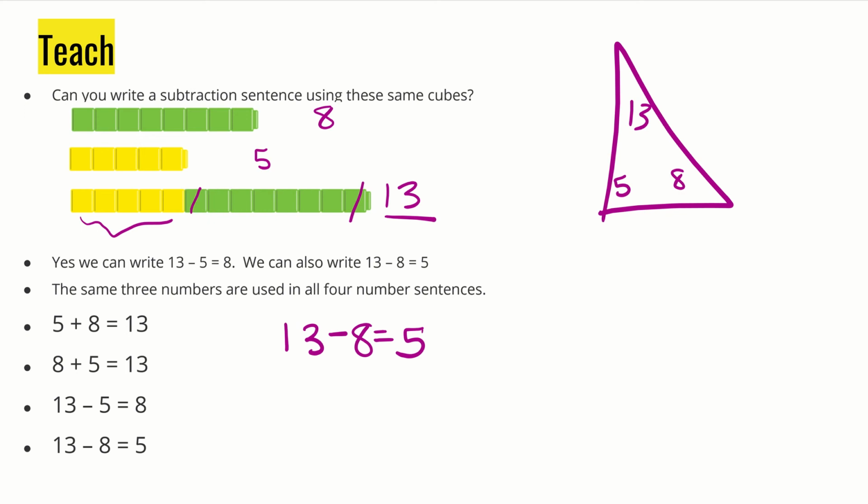I could also start with 13 again, because that is my largest number when we're doing subtraction, and I can subtract my yellow cubes. And I see that I have 1, 2, 3, 4, 5 yellow cubes. And because it's a fact family, if I know that 13 minus 8 makes 5, then that also means that 13 minus 5 must make 8.